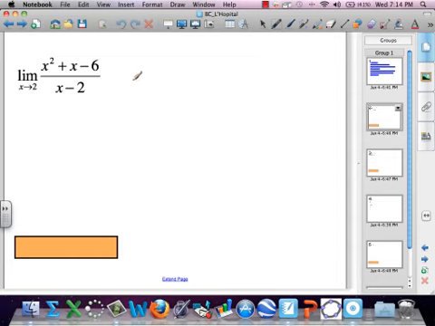From time to time, we had a couple of scenarios rise up that required us to do some more work. So in this case, if we substitute a 2 into x in every location we see an x, we're going to get out 0 in the numerator and 0 in the denominator. That was one of our bells and whistles problems that told us we got to do something to get the problem out of this form, and we call this indeterminate.